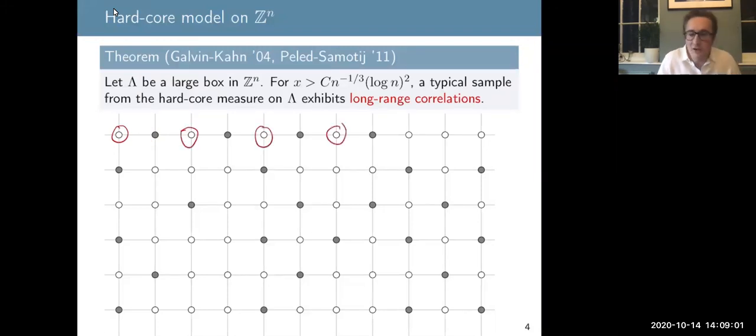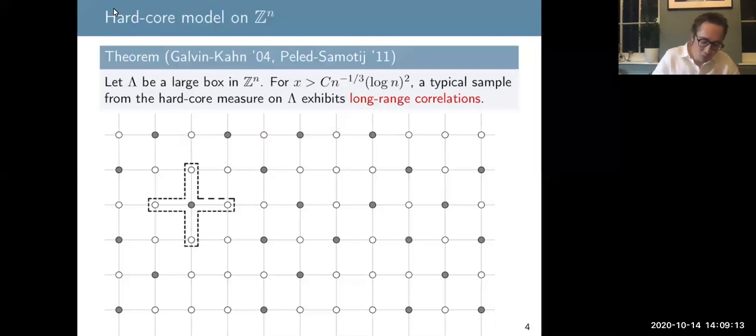You could look at all the odd vertices or all the even vertices. And in this picture here, most of my independent set has started to concentrate on one sublattice, except one deviant vertex, which is going against the grain.